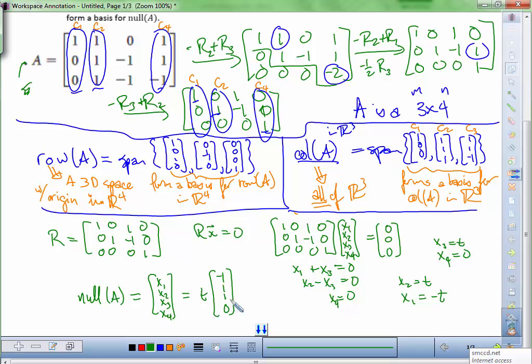So now I have a basis vector, and so this is really saying it's the span of this vector. Right?